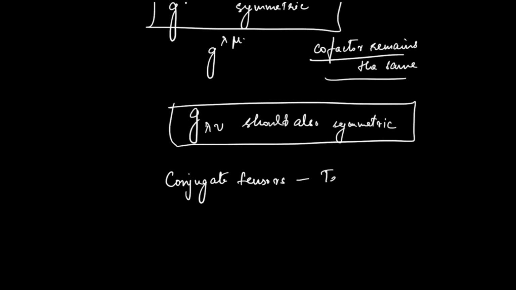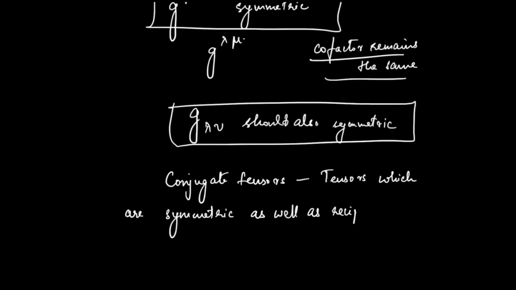Tensors which are symmetric as well as reciprocal to each other are called conjugate tensors.